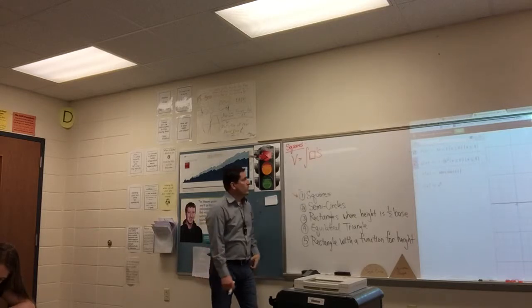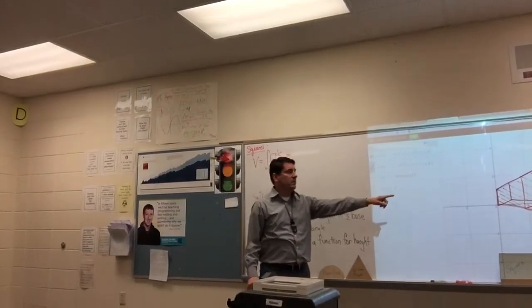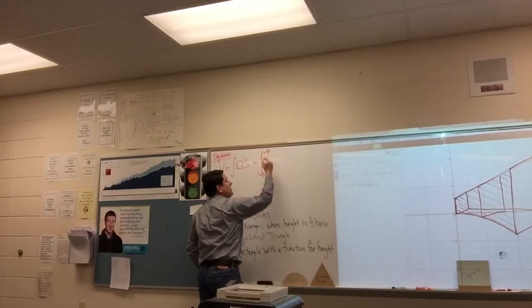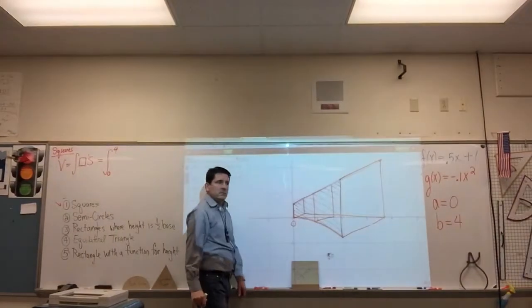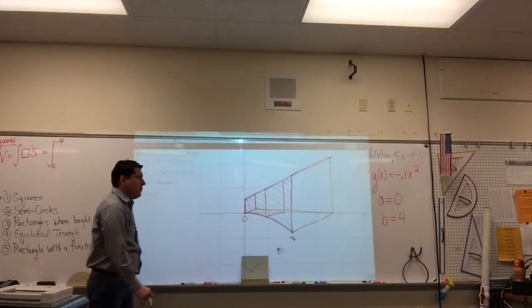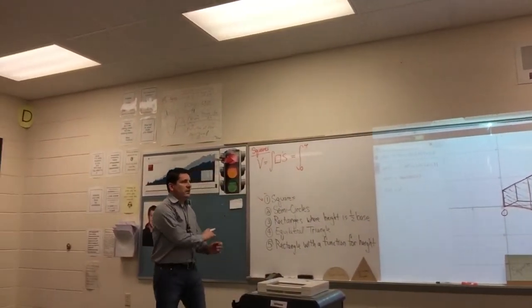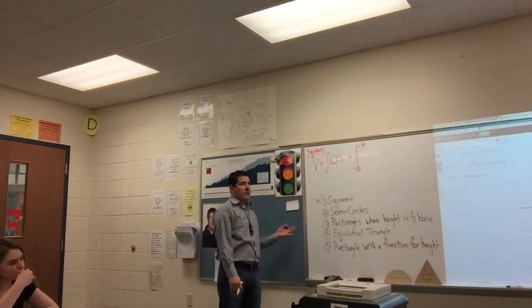So for this particular problem, we're going to go from 0 to 4 because the first square is at x equals 0 and the last square is at x equals 4. So we're going to accumulate an infinite number in between those two because that's what the integral can do.